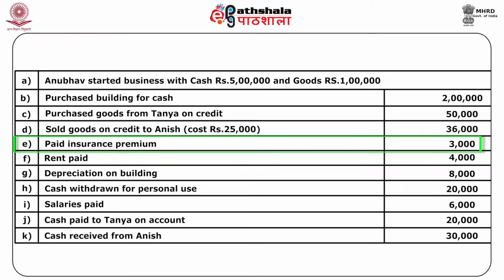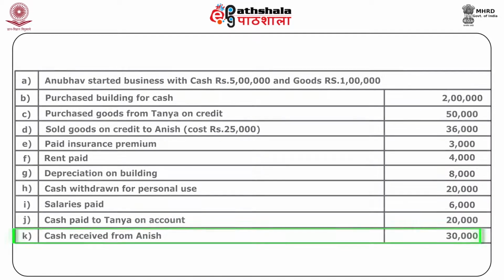Then paid insurance premium of rupees 3,000, rent paid of 4,000, depreciation on building 8,000, cash withdrawn for personal use 20,000, salaries paid 6,000 and cash paid to Tanya on account of rupees 20,000, cash received from Anish rupees 30,000.